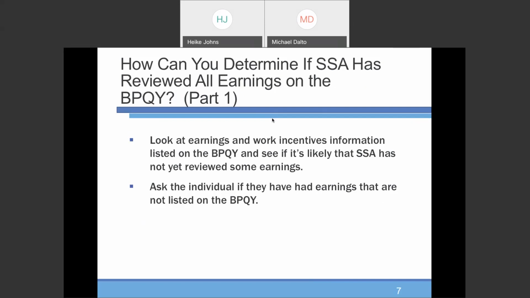If you see any apparent discrepancies, you want to ask the individual if they've had any earnings that aren't listed on the BPQY. So it's always a good idea to review earnings on the BPQY with the individual just to make sure everything's there.